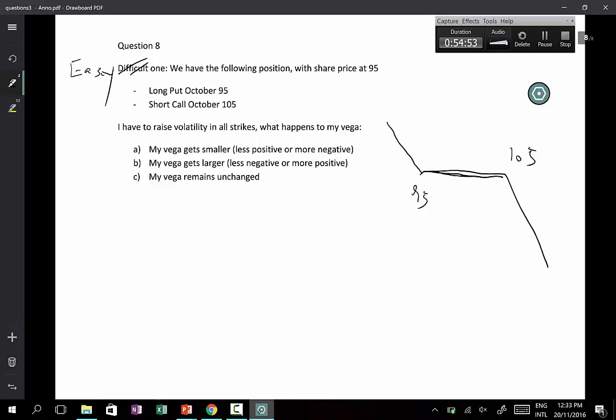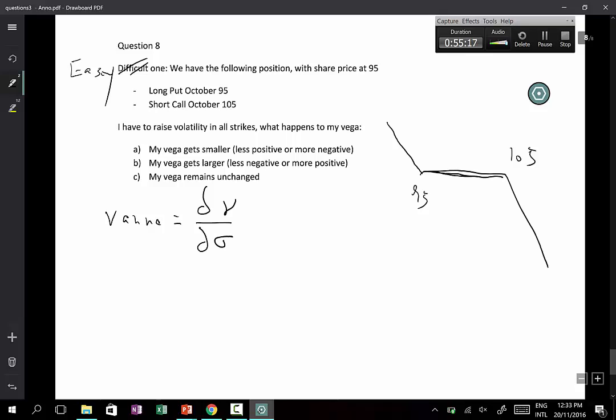Now, there is another distant Greek relative in the Greek family known as Vanna. And this one is, again, a second derivative. This is actually d vega d vol. Okay?